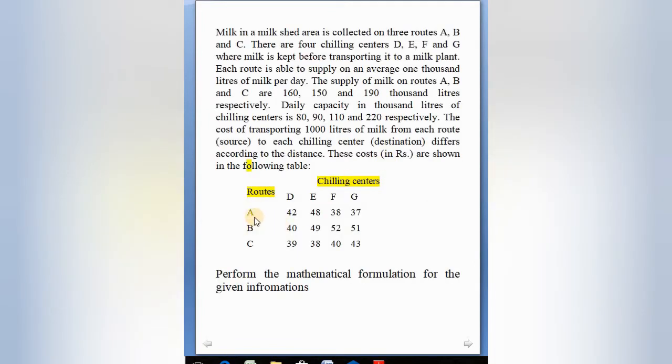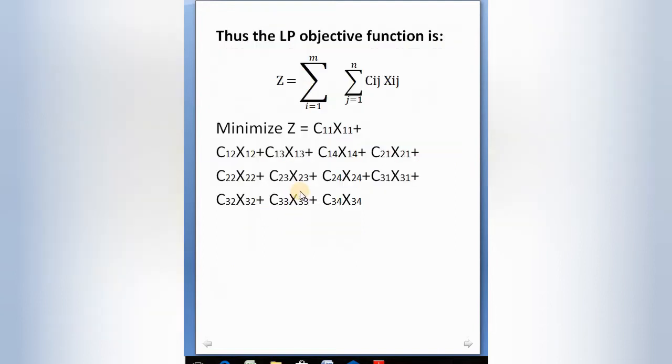So for both constraints, I am using two variables, Cij Xij.